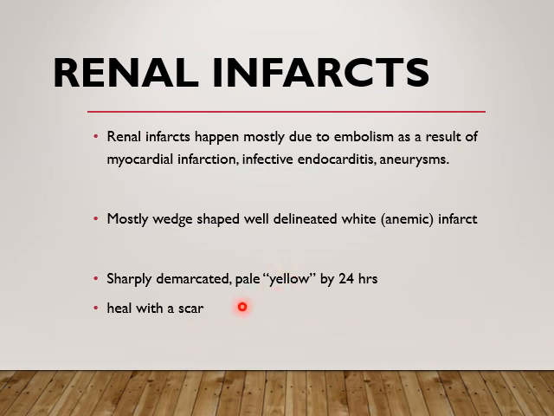The causes of infarcts have to be remembered. What type of necrosis do they cause? It is mostly ischemic necrosis of the cortex, with fibrous scarring of the entire cortex. That is the morphological change.